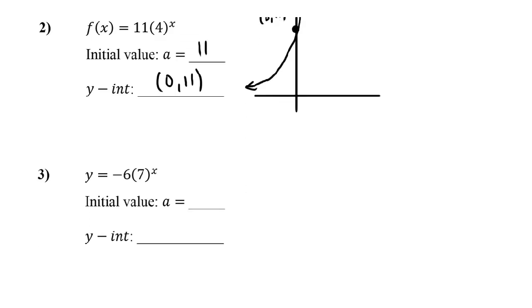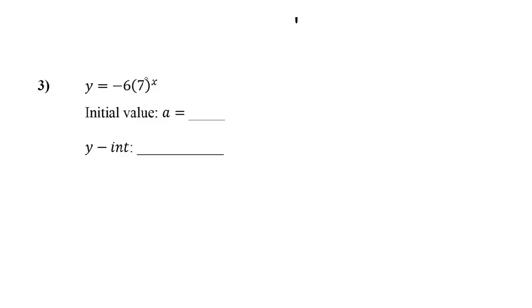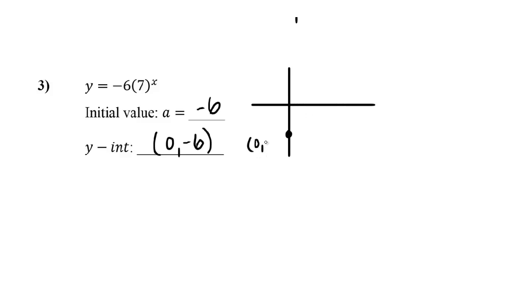And for the last question, question number 3, we have y equals -6 times 7 to the x power. So our a value, our initial value, is -6. All that means is our y-intercept is (0, -6). Sketching a little graph, we are down here at (0, -6), where we're crossing the y-axis, and we are multiplying that distance times 7.